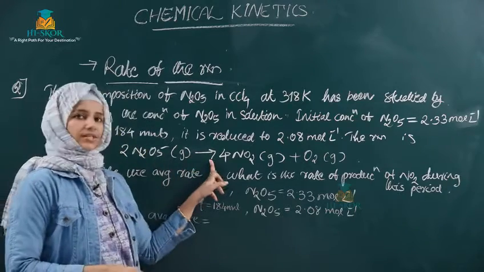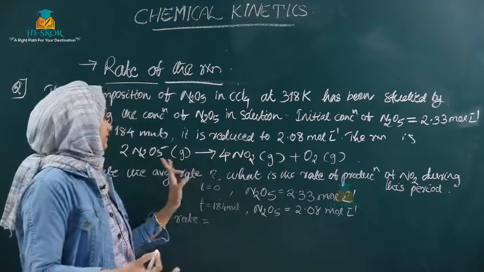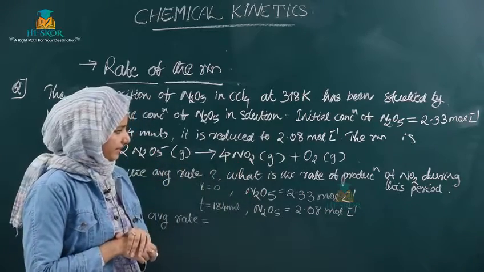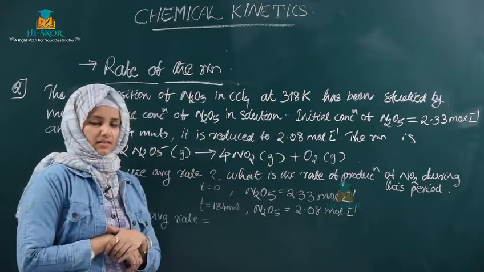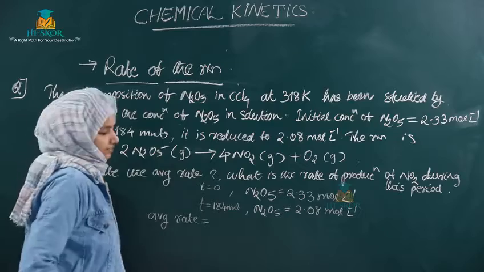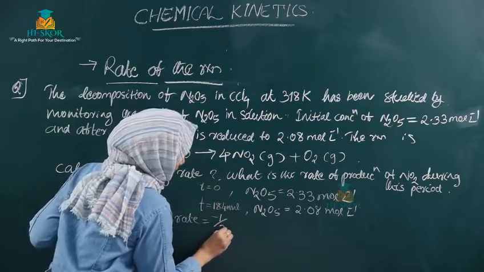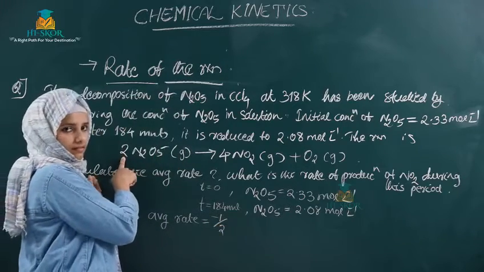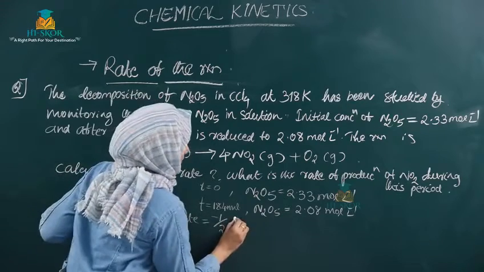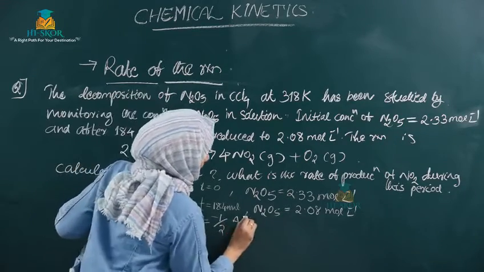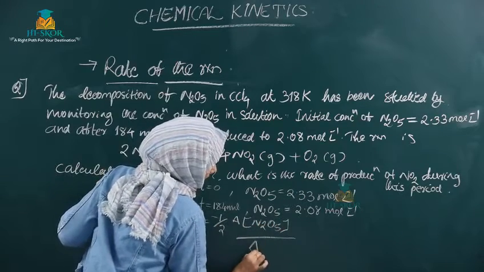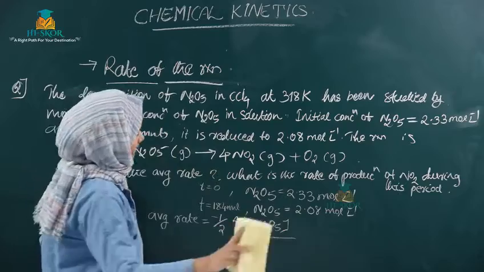By seeing the equation, you can express the rate in terms of reactant, also in terms of product. But they have given the reactant concentration here, so you can take it in terms of reactant, that is minus 1 by 2, because 2 is the stoichiometric coefficient here. So minus 1 by 2 delta N2O5 divided by delta t.